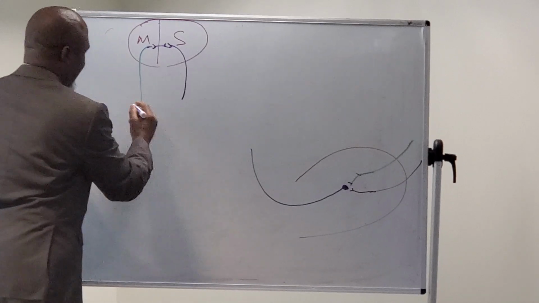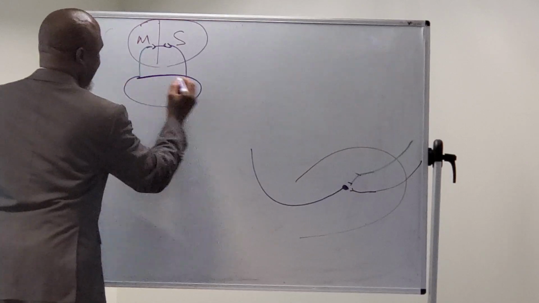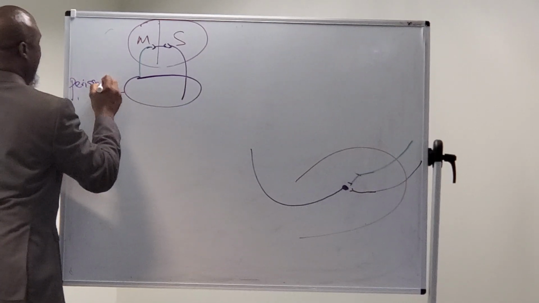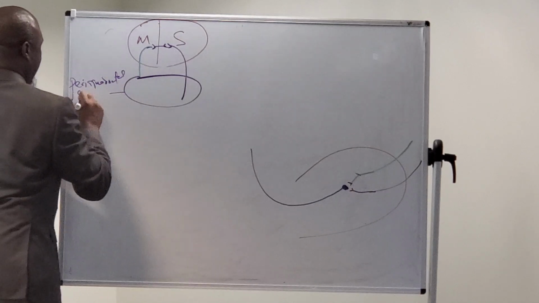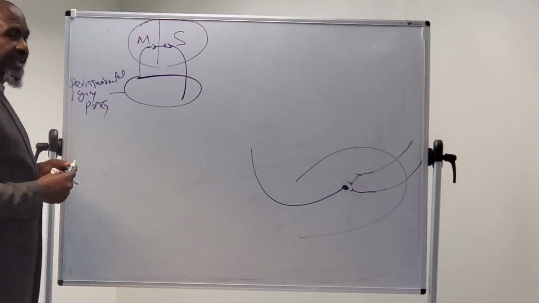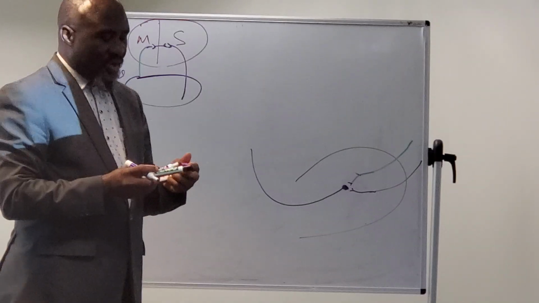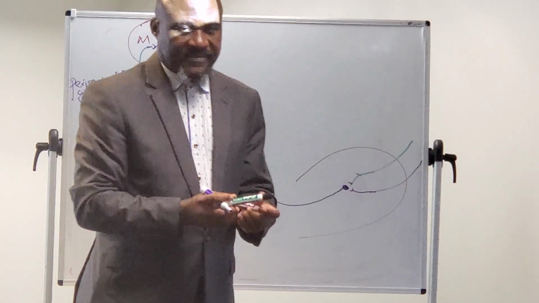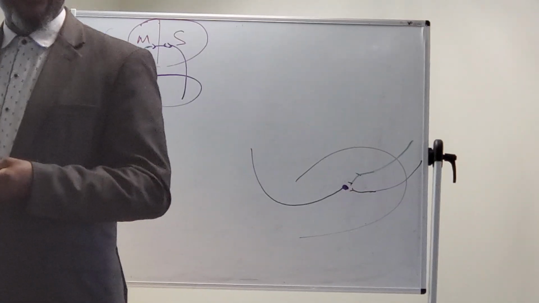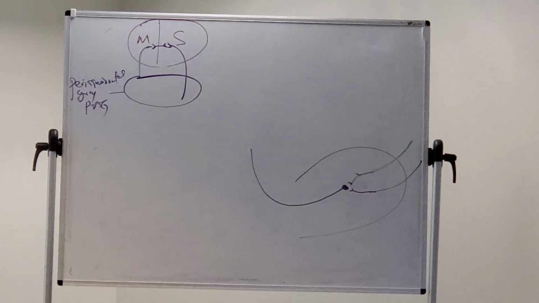Now, this is an area in the midbrain. This area is called the periaqueductal gray. PAG. PAG is made up of cells that contain opioid receptors. What are opioids? Opioids are organic compounds that are capable of what? Reducing pain.